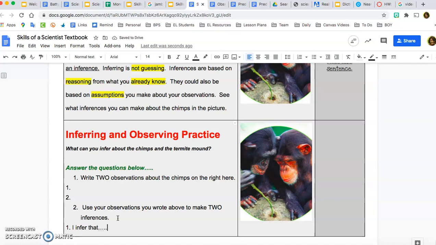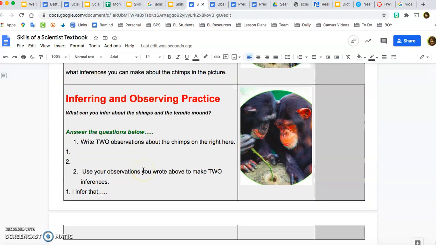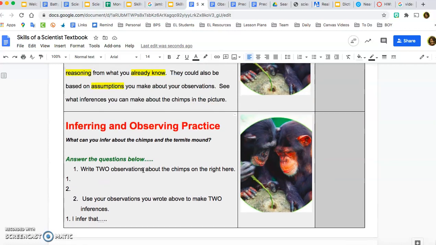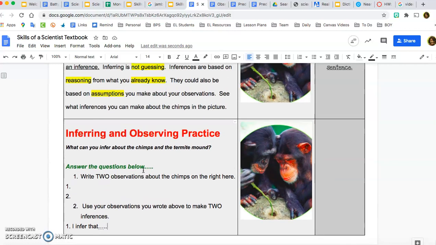And then you want to keep going and tell us what you infer the chimpanzees are doing. Okay? All right, students, when you are finished with this, you are going to go to your Canvas page, click on the textbook inferring question. That is for a graded assignment. Okay, good luck.